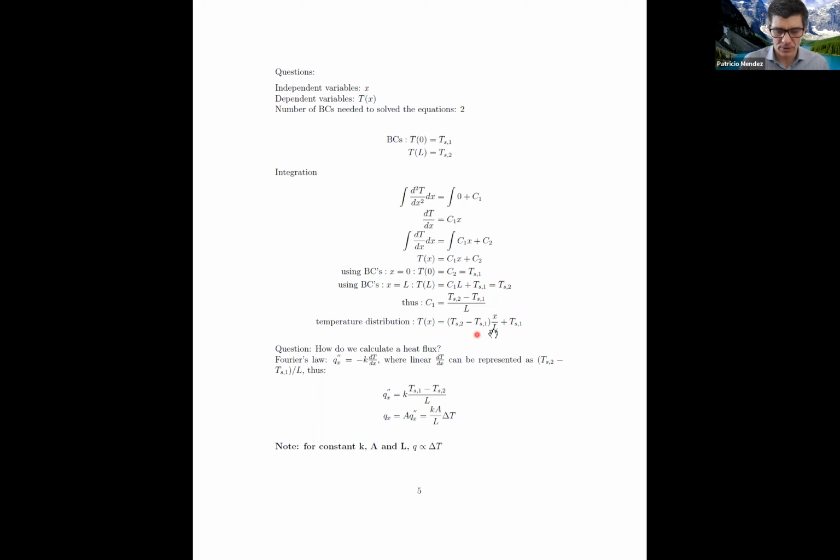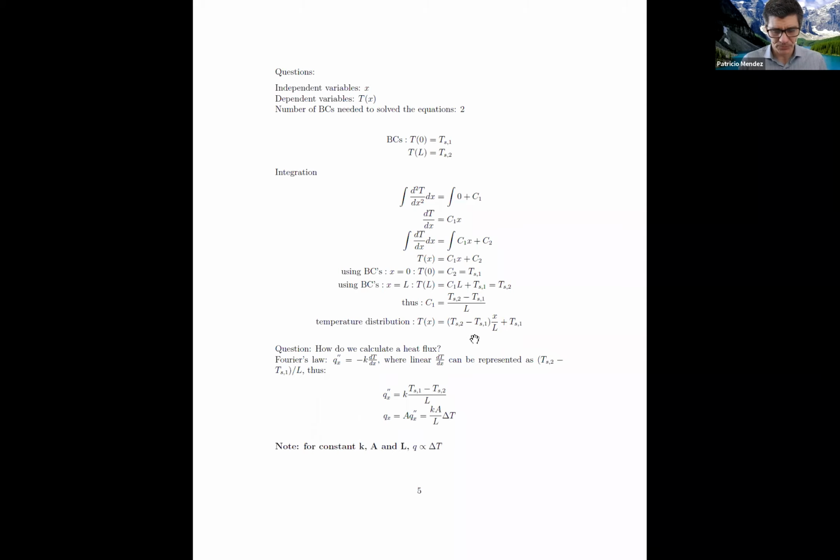After we put in the boundary conditions, this is the equation of the line. At X equals 0, for example, this term goes away and we have TS1. At X equals L, this X over L is 1, so we have TS2, and this TS1 cancels with this one here. So we see it matches the boundary conditions.